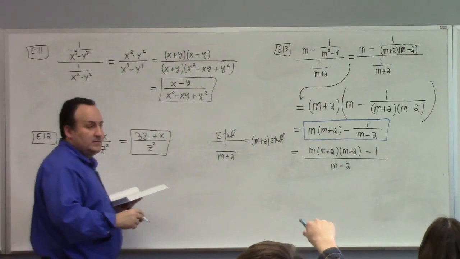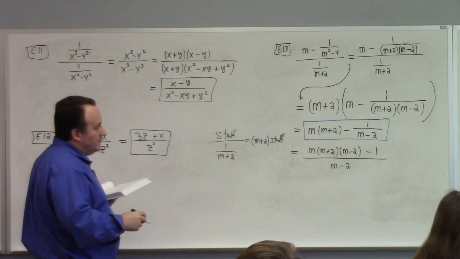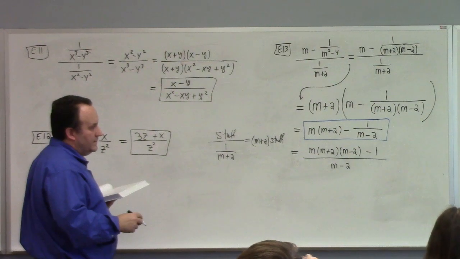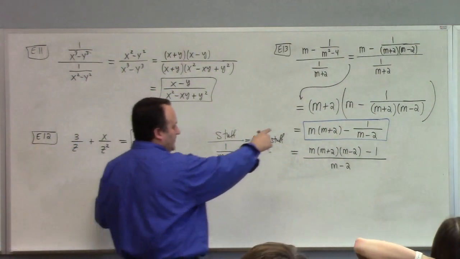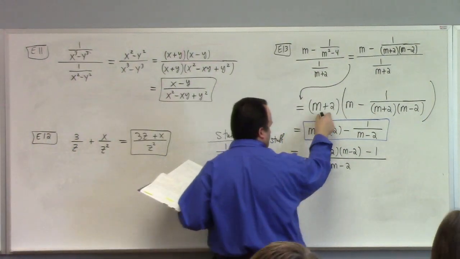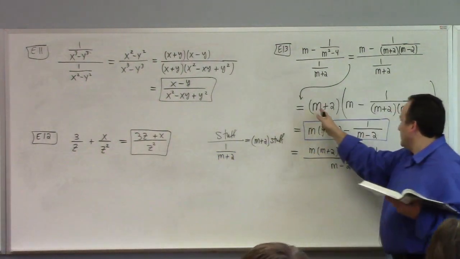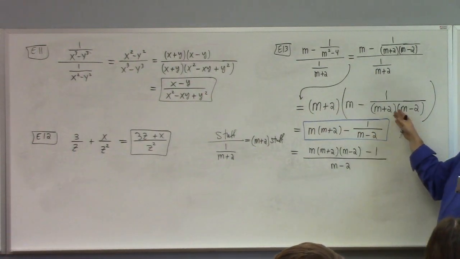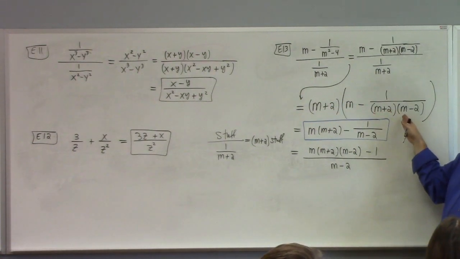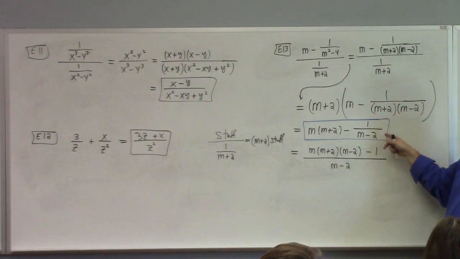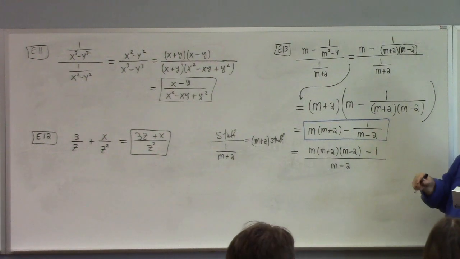Oh, I meant from there to the m times m plus 2 minus m over 1 over. Oh, this step? Yeah, that's it. So I multiplied m plus 2 times m. I just flipped the m and the m plus 2. Okay. And then here, when I multiply this times that, the m plus 2's cancel, and you're just left with 1 over m minus 2. Oh, I see. So sorry, I didn't write that down.